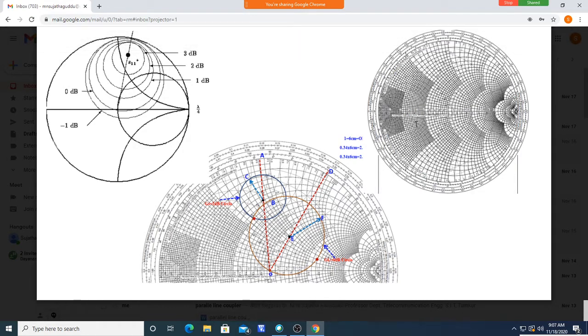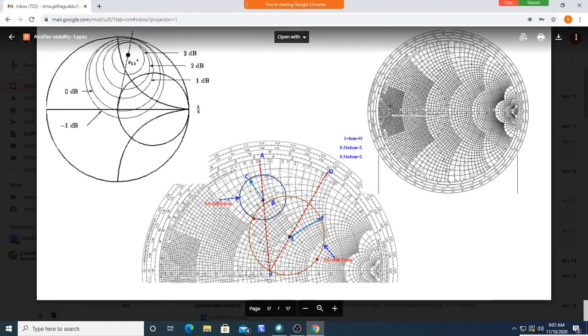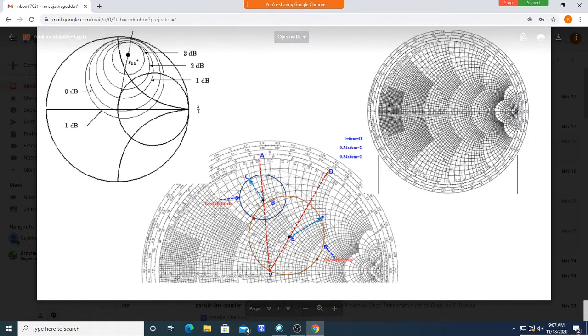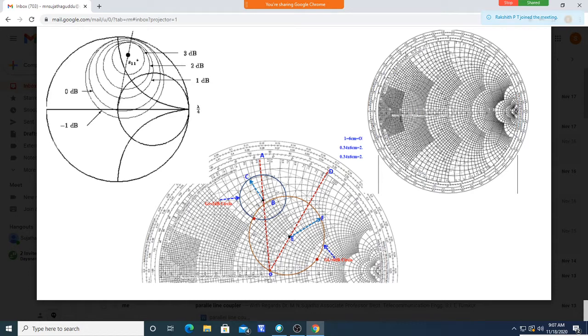While designing an amplifier, first we check the stability of the amplifier. That is called a stability check. There are two ways to check the stability of an amplifier: one is a graphical solution, another is an analytical solution.